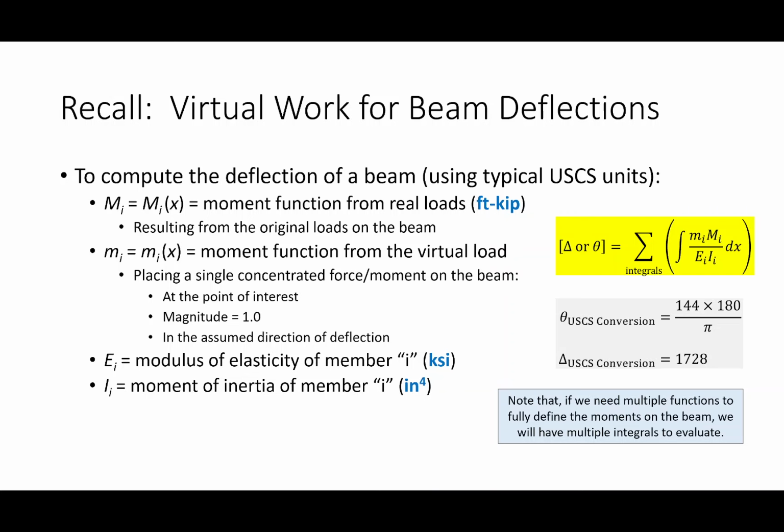Couldn't we say something like this? Could we have a virtual analysis, a real analysis, a material property, and a section property? Remember from Engineering 216, the angle of twist, TL over GJ? Couldn't you do that? Yeah. Couldn't we do it for shear? We could do it for torsion. We could do it for anything, right?